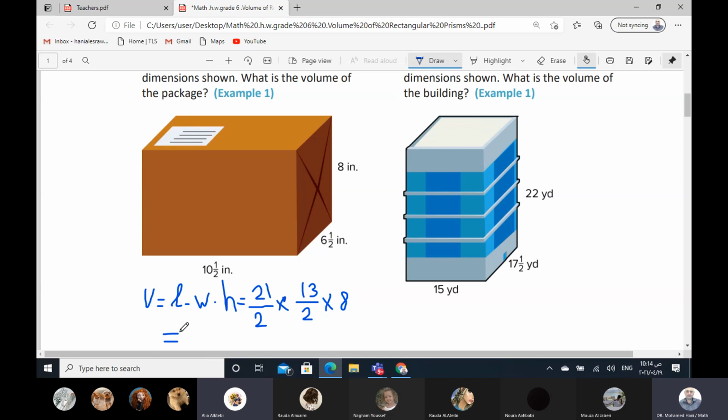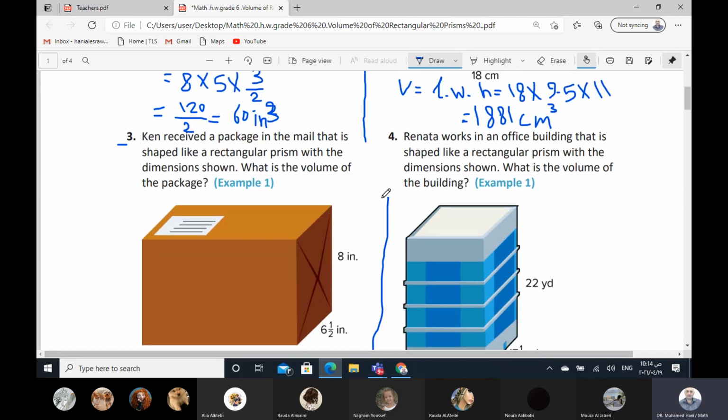Great. 546 inch cubic. Okay, thank you. Who can read exercise number 4, please?